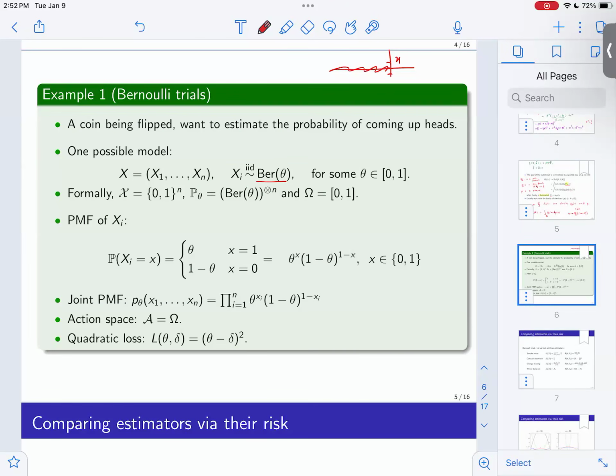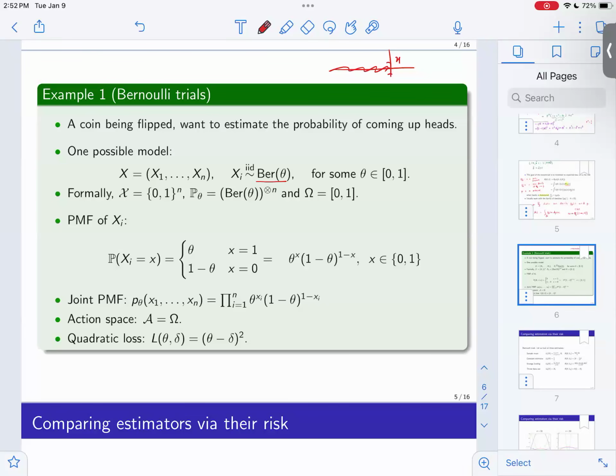What is a Bernoulli distribution? It's simpler than the binomial. It's just a binomial with one trial. It's just the distribution of a general 0, 1 variable.